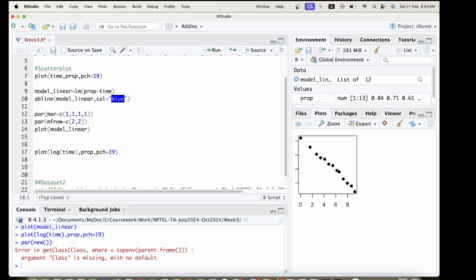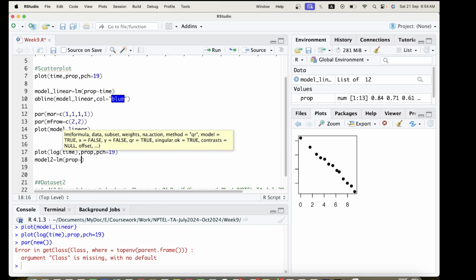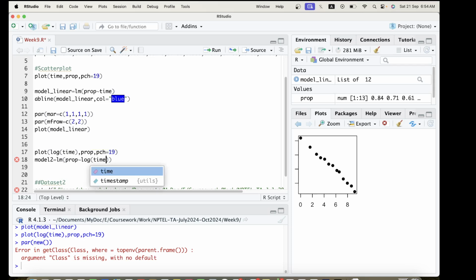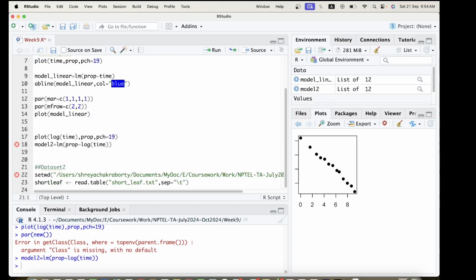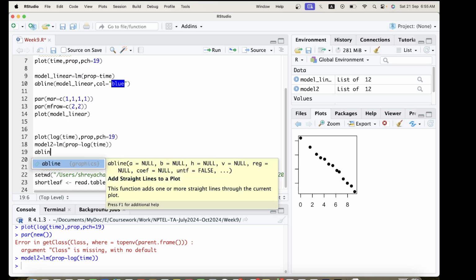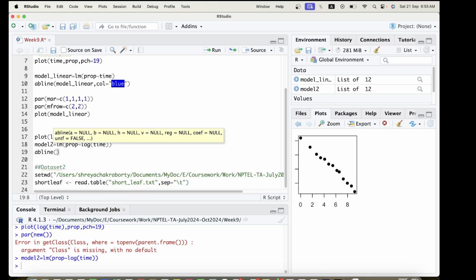I am going to use model 2 equal to lm, prop on log of time. This is my model 2, and I overlay it on the existing plot: abline model 2, with color equal to something green.